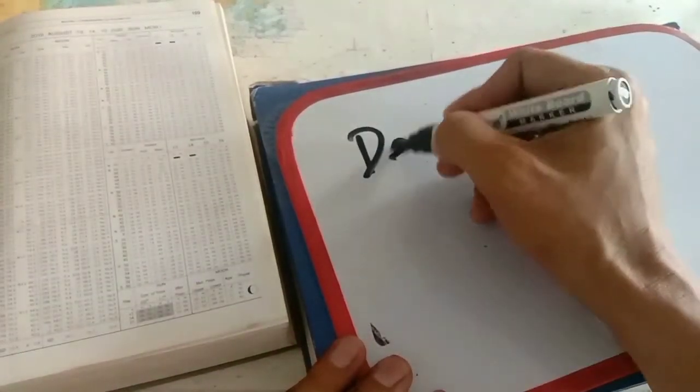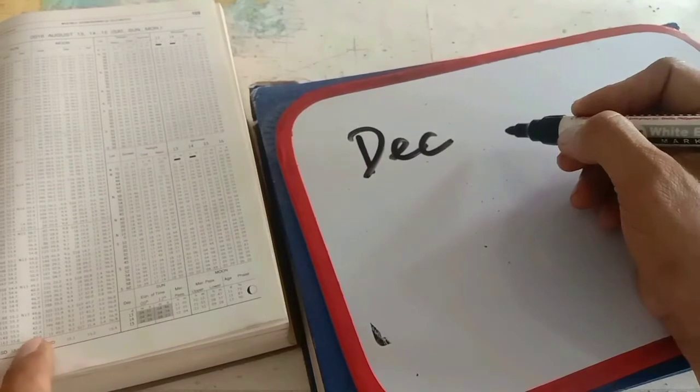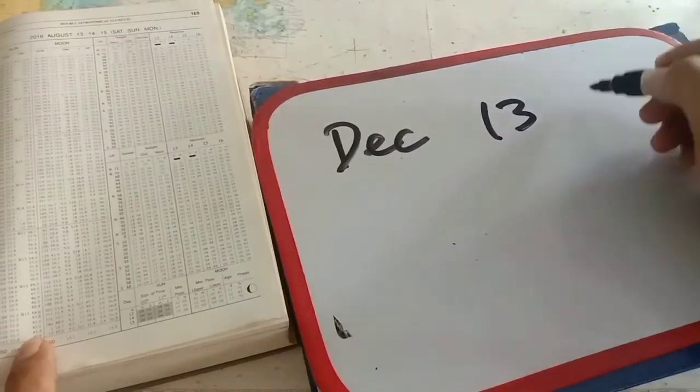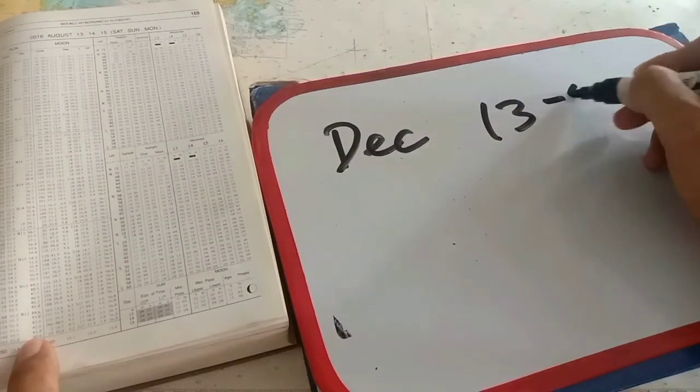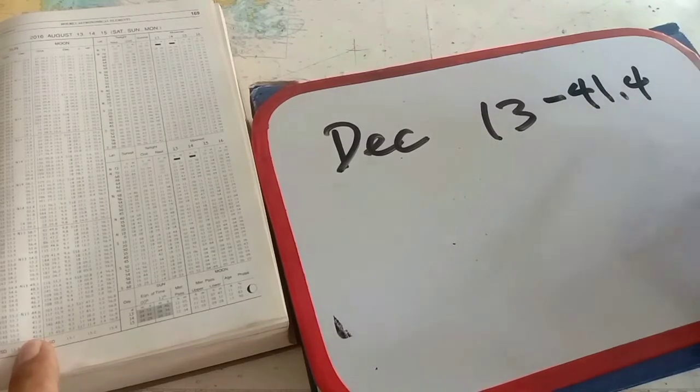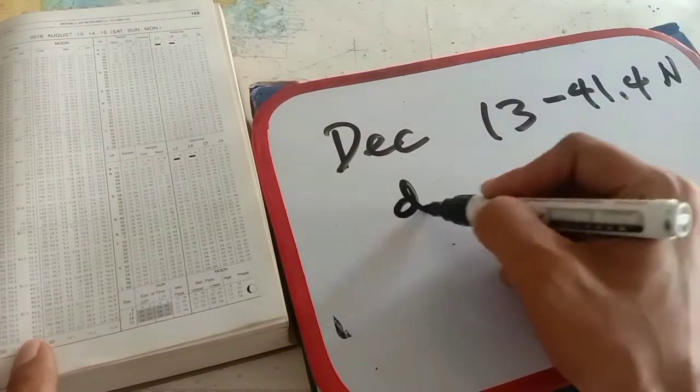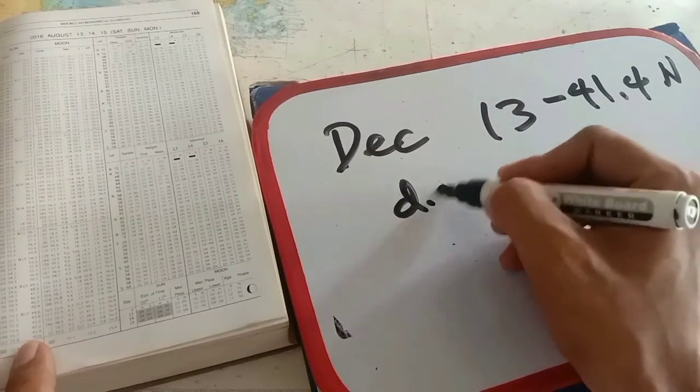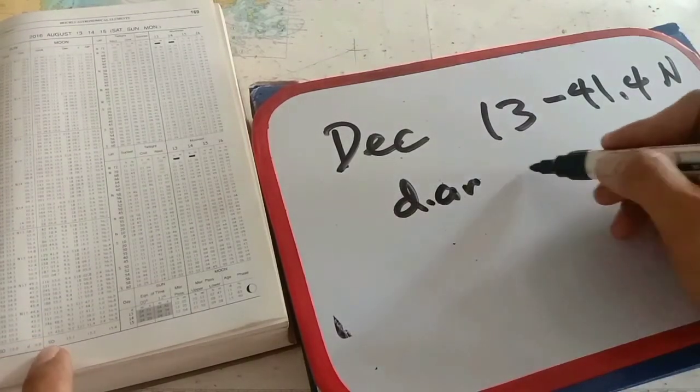So, the value of 22 ng GHA niya, declination, ang declination ay 13 degrees 41.4 north. And the declination correction is 0.8.